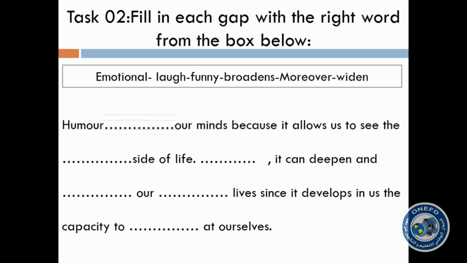So the appropriate verb is broadens. Broaden here is a verb, and how did we make the verb broaden? By adding the suffix -en to the adjective broad in order to make its verb. So I repeat, we made the verb broaden by adding the suffix -en to the adjective broad.